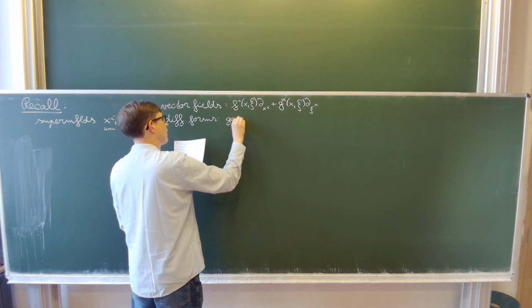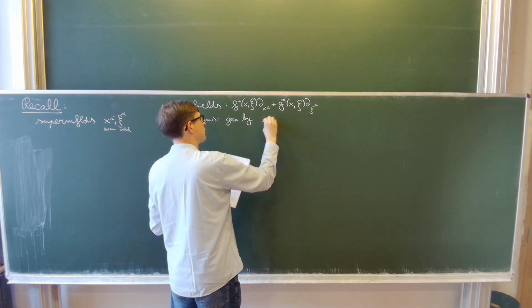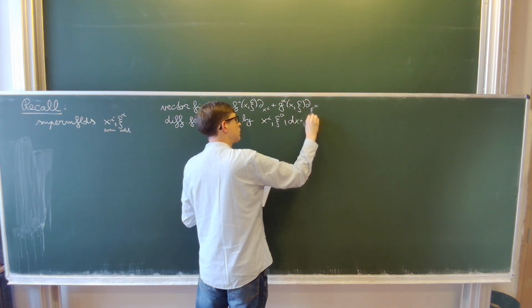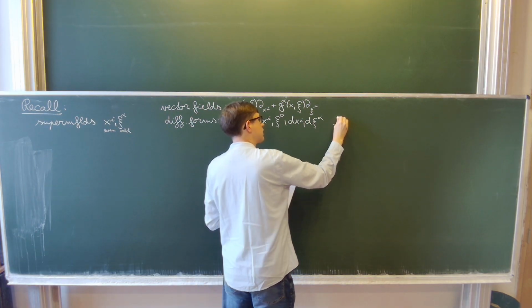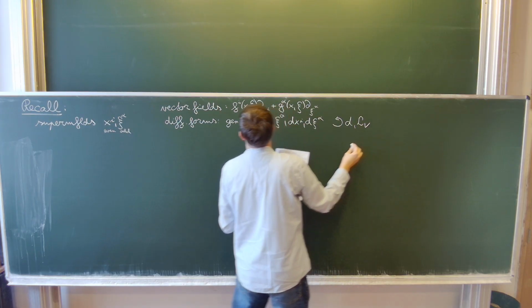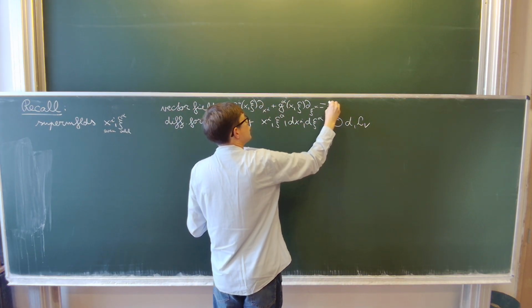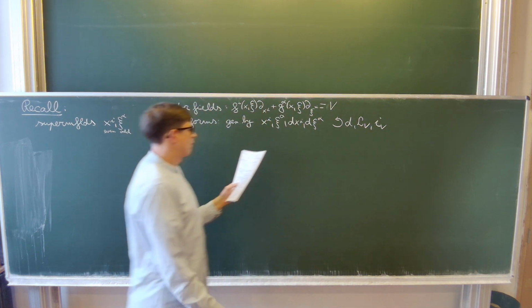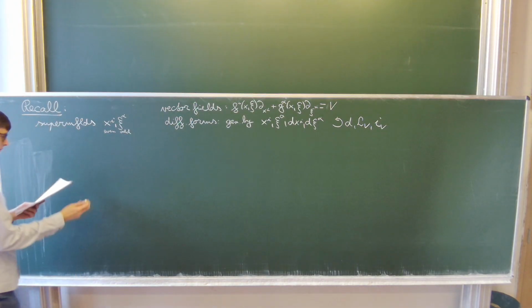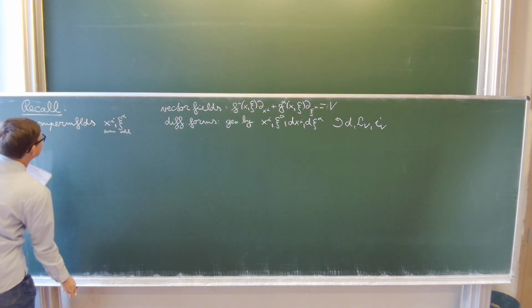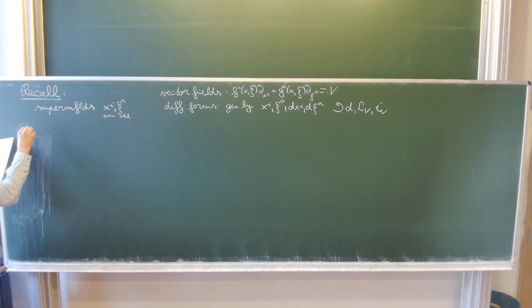These were generated by the following symbols: the coordinates, and then their differentials. And on this we had the action of the de Rham differential, the Lie derivative with respect to such things, and contractions, and stuff like that. For now, let's stop there.